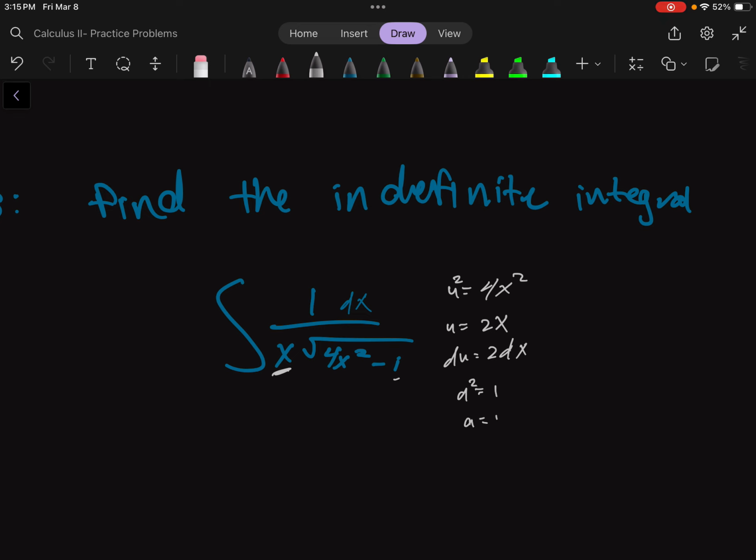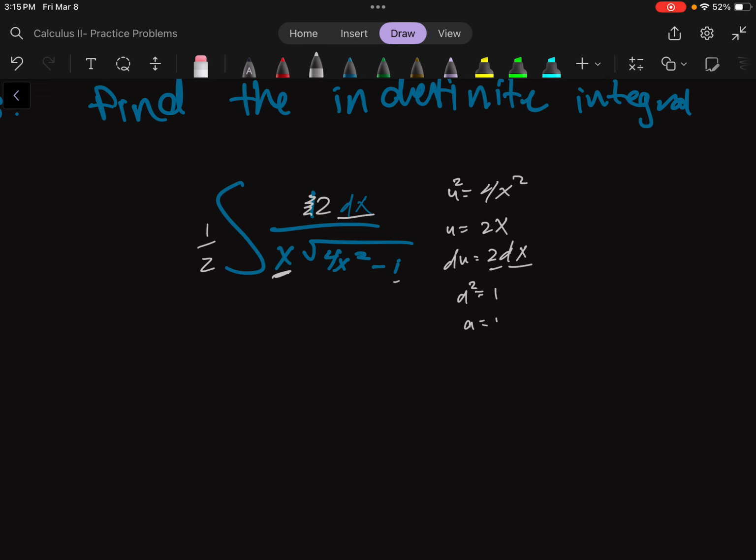So we want a 2 and a dx inside, but we only have the dx, so we want the 2 there as well. And then we're going to account for that with a 1/2 out front. We could just take that 2 out, and they would cancel, so we did not change the value of the integral. You can rewrite this as 1/2 the integral.